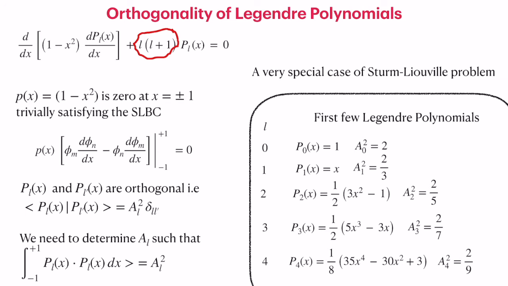So we get A0 square, the normalizing constant for P0, is simply 2. In the same way we can find that P1 square integrated from minus 1 to plus 1 gives us 2 by 3. In the same way P2, that is A2 square, would be 2 by 5, A3 square will be 2 by 7, and A4 square is 2 by 9.